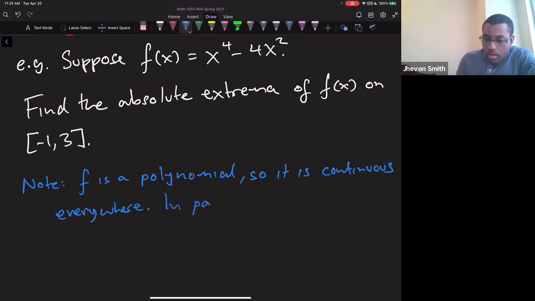So in particular, it is continuous on this interval.